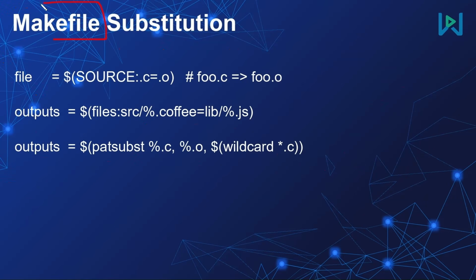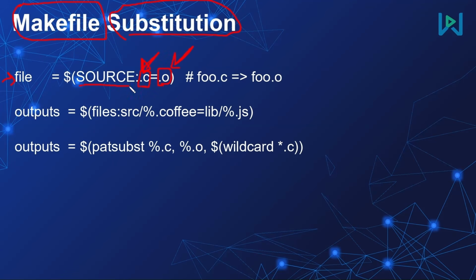Another powerful set of Makefile syntax are substitutions. In the first use case, we're gonna substitute any pattern that ends with this .c suffix by the same pattern name but with a different suffix, .o.